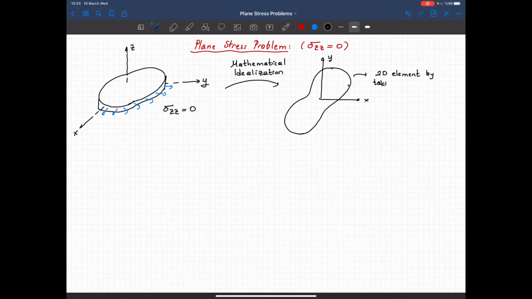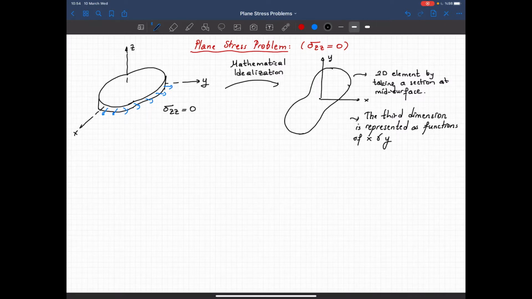By taking a section at the mid-surface, the third dimension is represented as functions of x and y, and is integrated through the plate thickness.